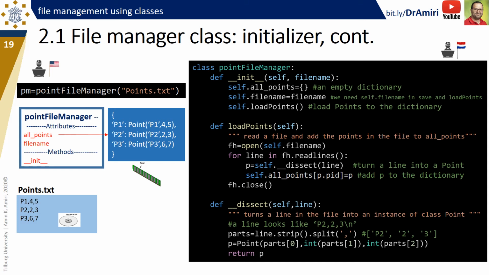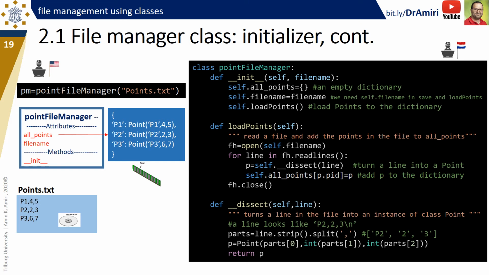And at the end, here you can see that I called the instance method load_points. What load_points does is reading the file and trying to extract the points in the file and add them to the dictionary in the format of instances of class Point.